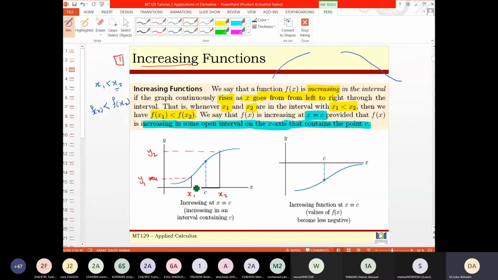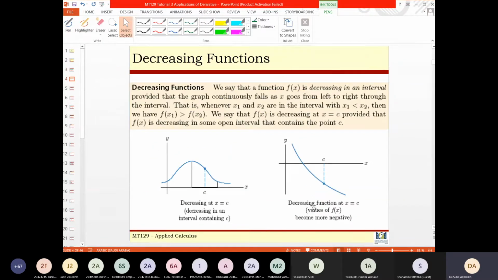Okay, this is another example of an increasing function. This function is growing from left to right. So it is increasing at the point C, and if I take a small interval around C, I can see the function is growing up, right?